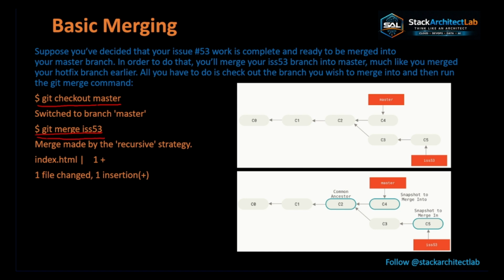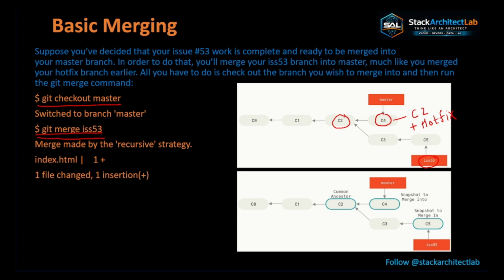But the one thing you need to observe here is this commit. Earlier when we created our issue 53 branch, we created it from C2 and not from C4, because C4 commit is actually C2 plus hotfix, correct.